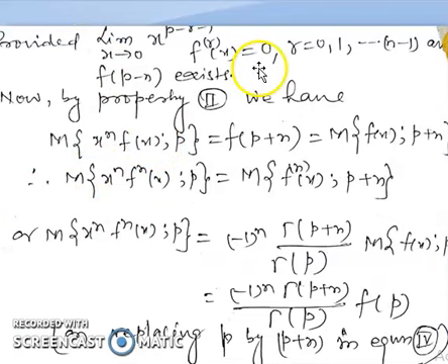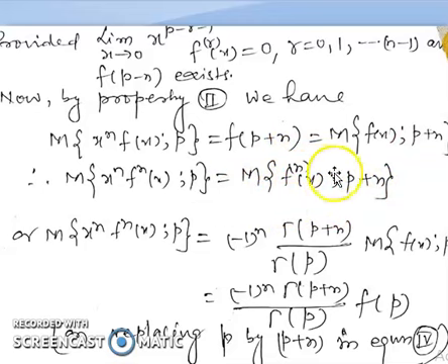Provided the existence and using the second property of Mellin transform, M of x to the power n f(x) such that p equals f of p plus n, and it can also be written in this form, M of f(x) such that p plus n, and if the power n, then it can be written as M of x to the power n, x such that p plus n.